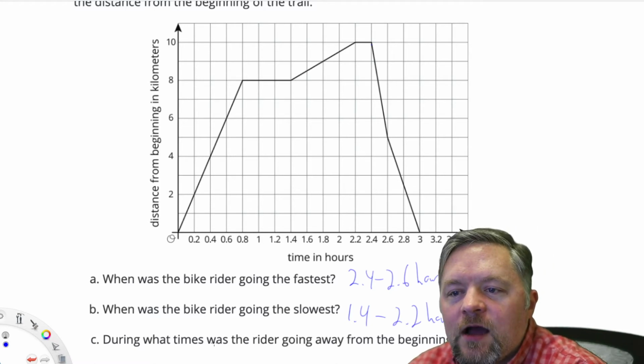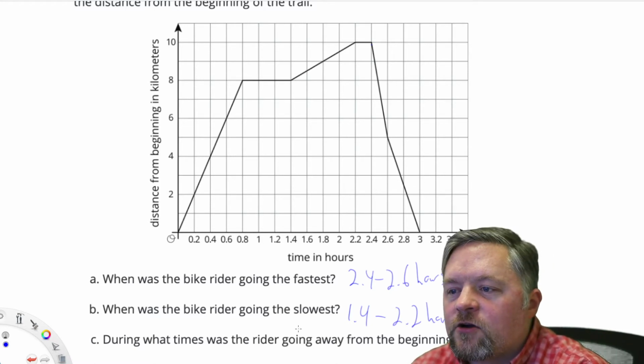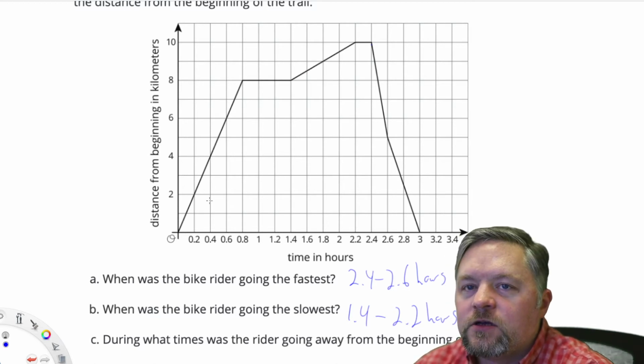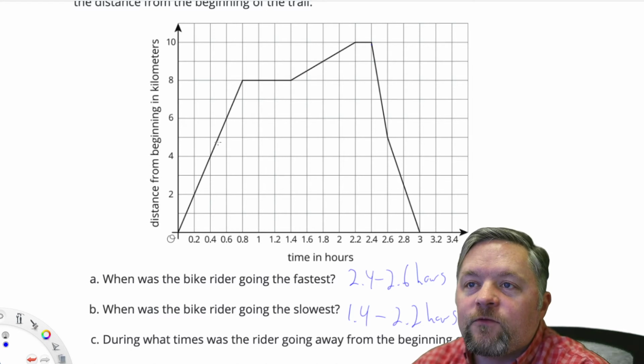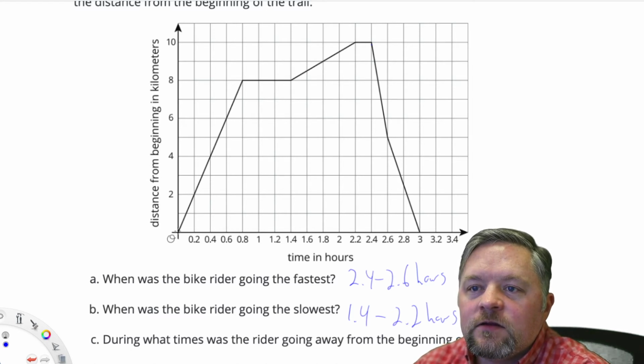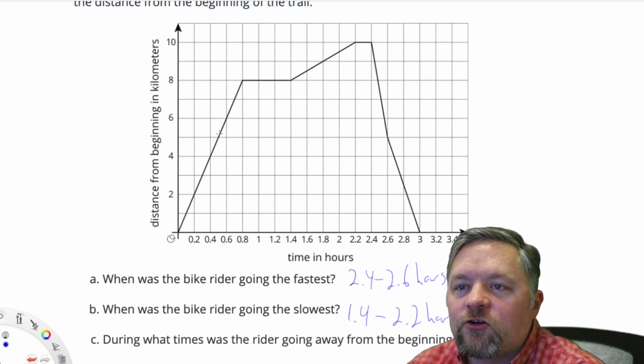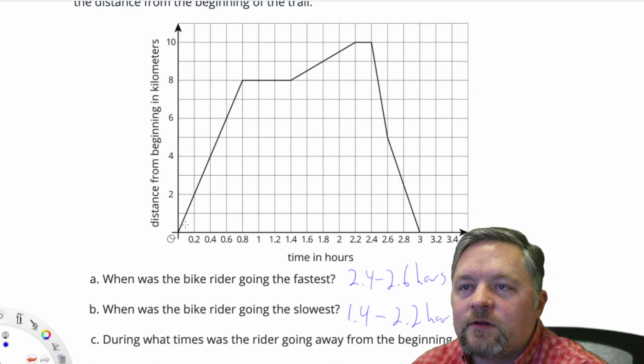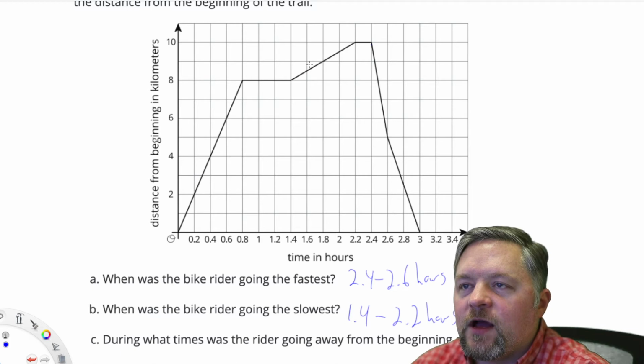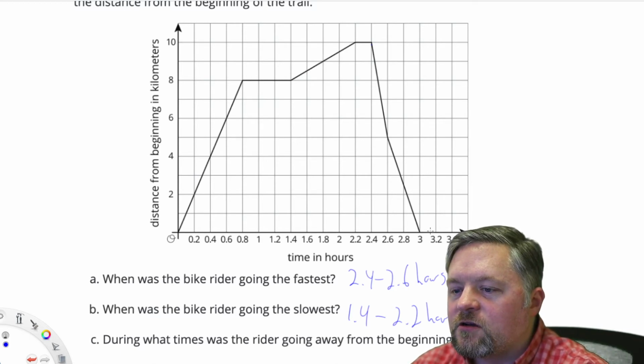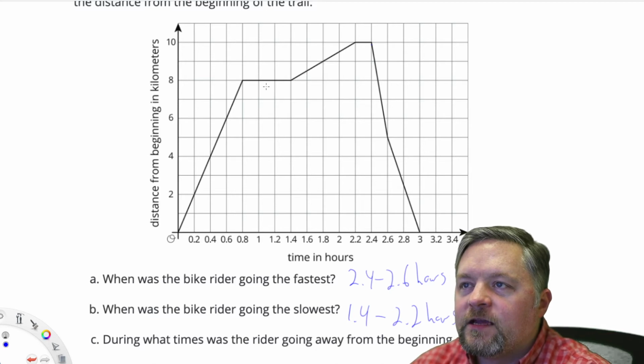During what times was the rider going away from the beginning of the trail? So here, his distance from the beginning is getting greater. It's going up. So here he's going away, and here he's going away. Here he's getting closer. Here he's stopped.